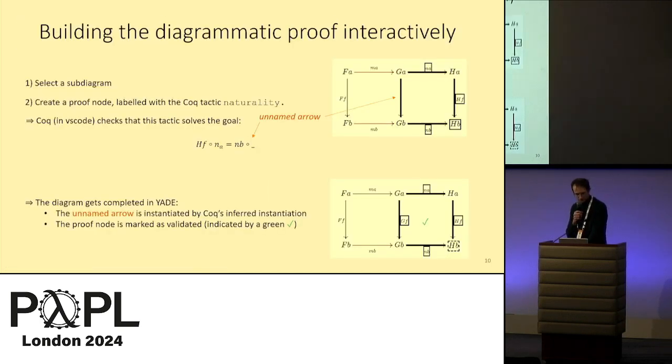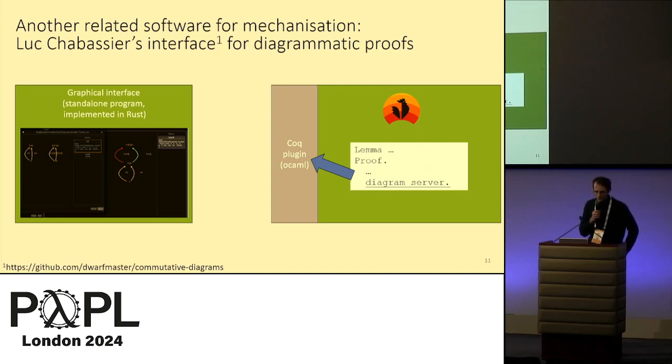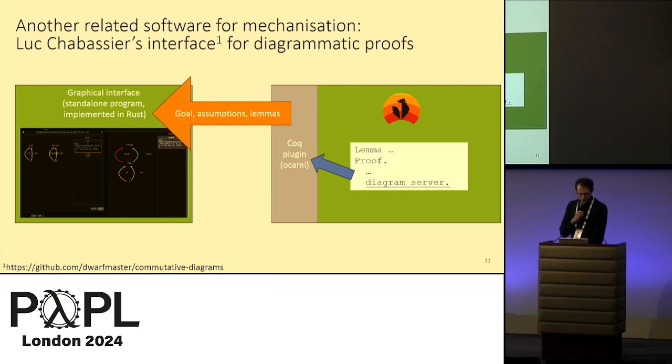So just before going to the demo, I want to mention another software for mechanization of diagrammatic proof, which is Luc Chabassier's interface. So it's another architecture. First, it's a standalone program implemented in Rust, and it relies on a Coq plugin, which introduces a diagram server. And this Coq plugin can provide the interface with goals and assumptions and the available lemmas in context.